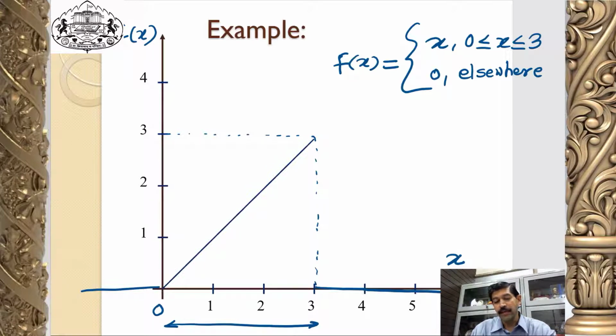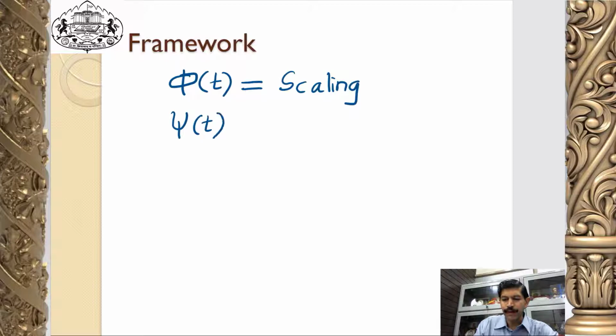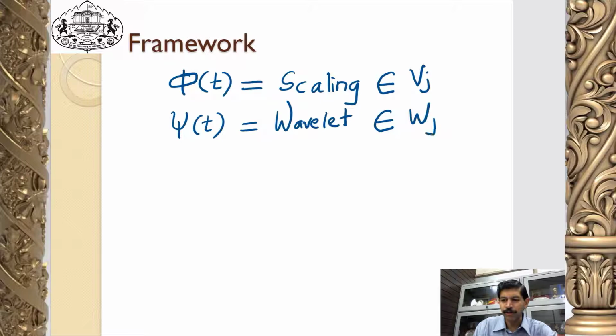And now if we say that phi of t is my father function or scaling function, and similarly psi of t is my wavelet function, and using the scaling function being a low pass filter, I can calculate the projection of the same function f of x into V of j subspaces, and correspondingly using the wavelet I can find out the corresponding projection in W of j subspaces.